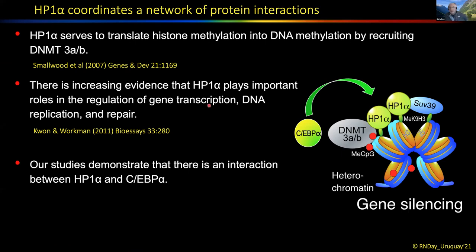Our studies indicate that this transcription factor, important for differentiation, directly interacts with HP1 alpha when it's bound to heterochromatin. And remember, CEBP alpha likes to interact with methylated DNA.